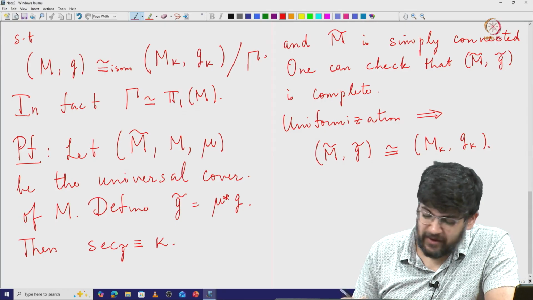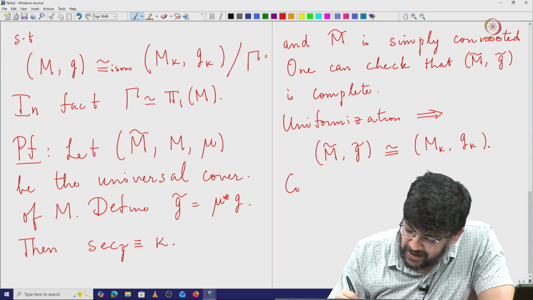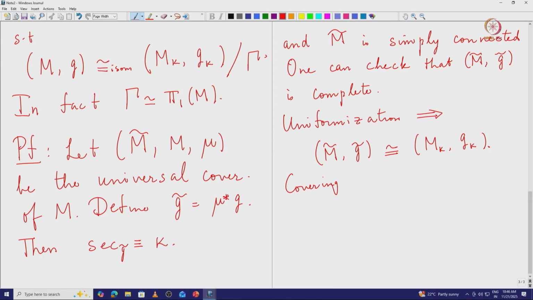And so then from general covering space theory, which I reviewed a few lectures back, we know that M is basically M tilde modded out by the fundamental group.